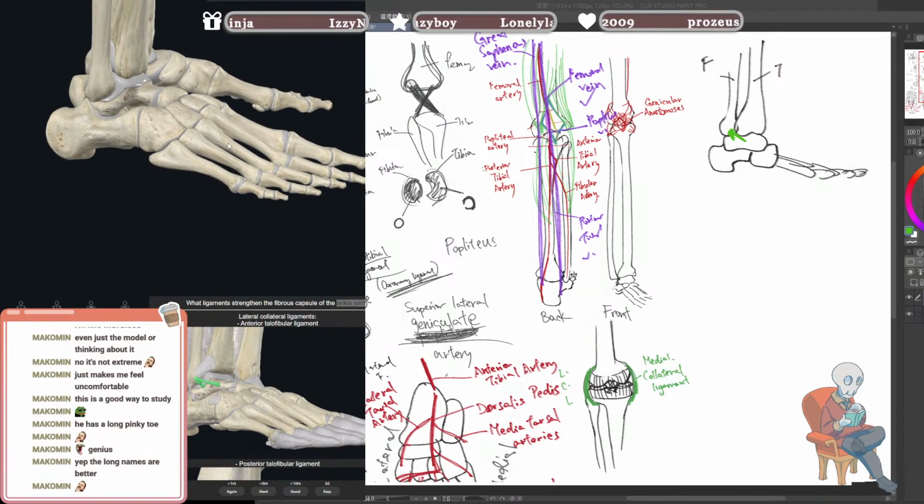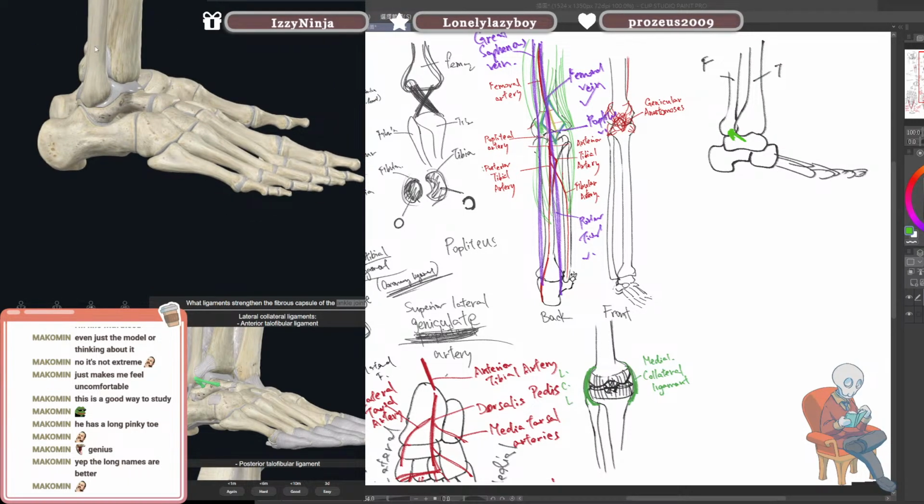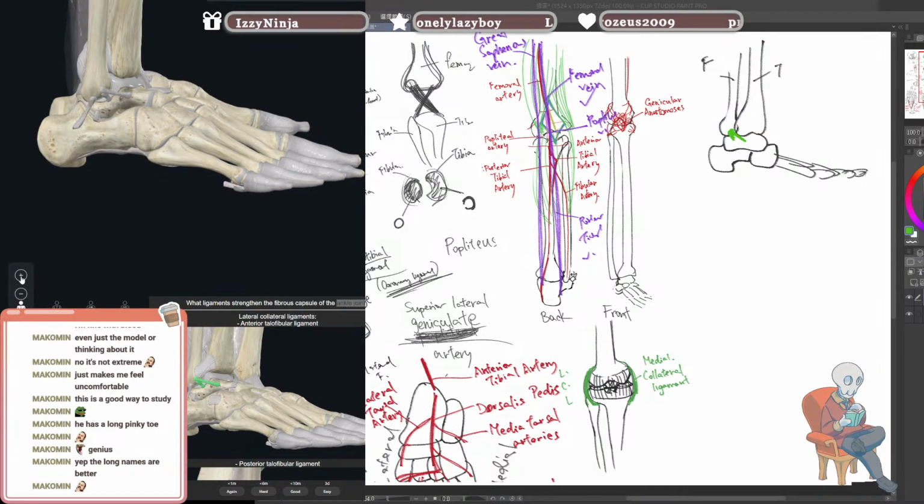Hold up, let me look at that 3D model. I need to confirm. I can't rely on all the attachment sites to remember all the words. That's impossible.